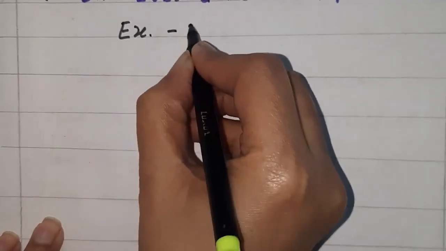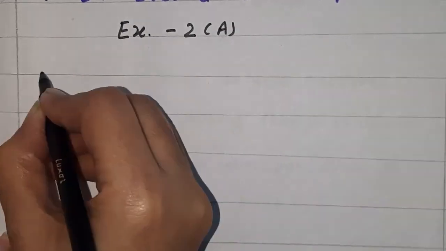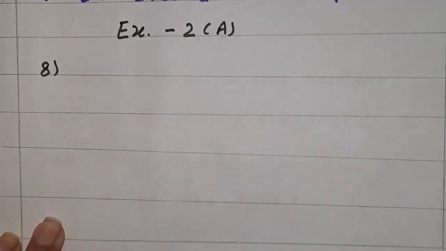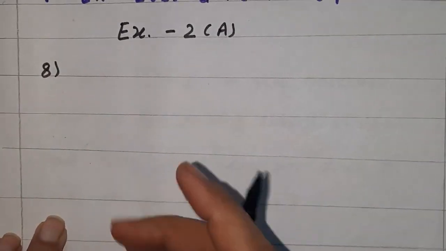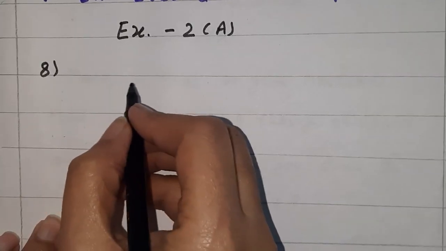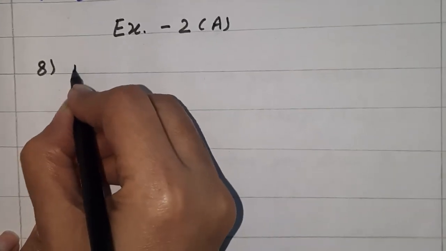So let's start with exercise 2A. Question number 8. Mark 3 points on a piece of paper.